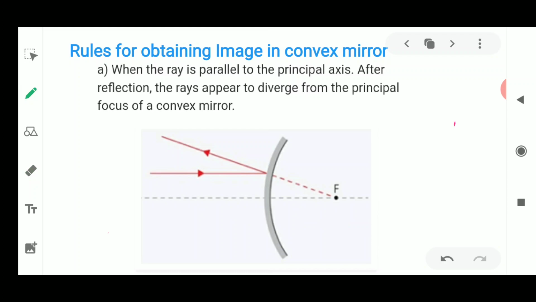So when the light is coming parallel to the principal axis, it is going to pass through the focus. Since there is no real focus here, it appears to come from the focus. So when the light ray is parallel to the principal axis, it will appear to pass through the focus after the reflection in the convex mirror.